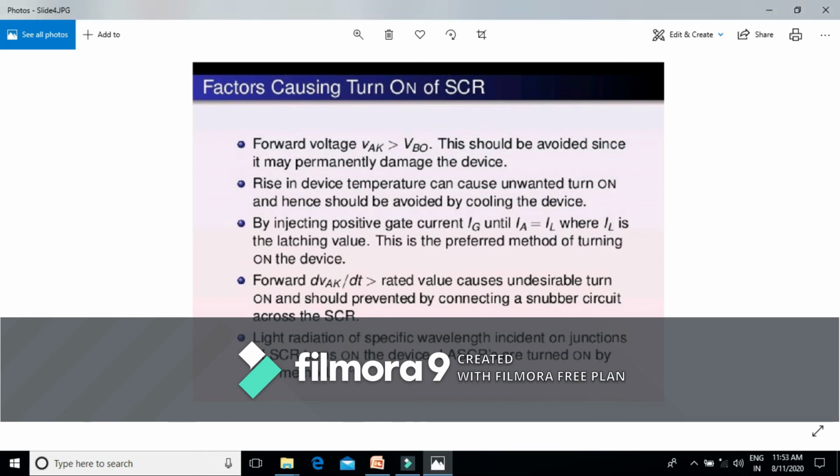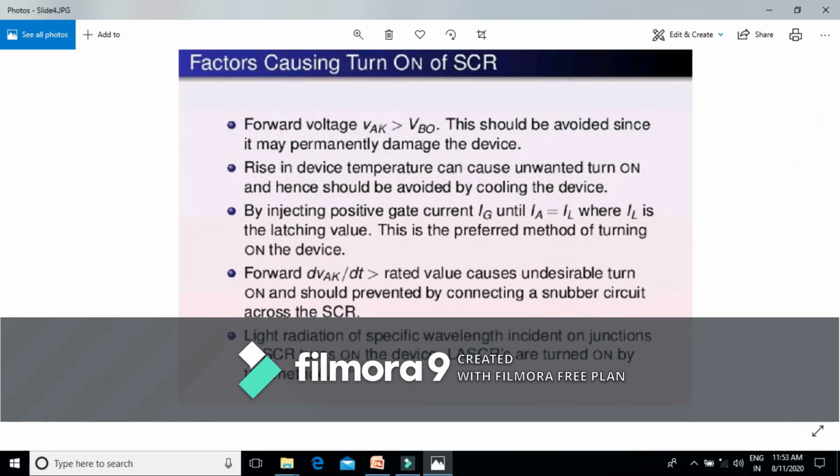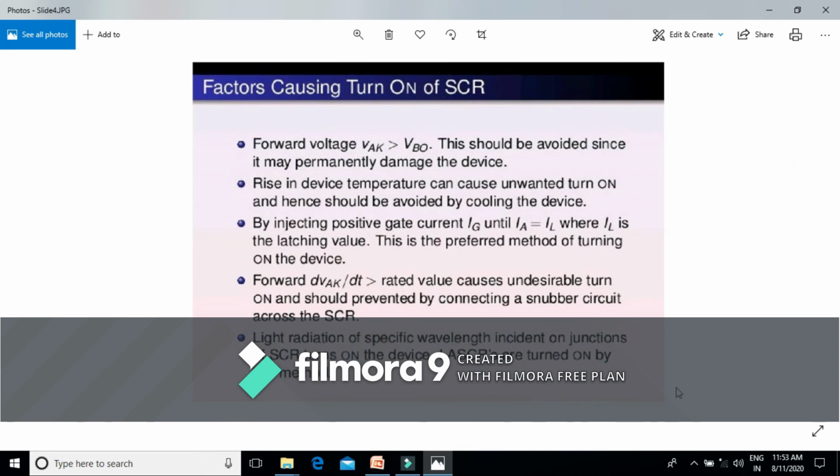Now, the next method of triggering is light triggering. In this light triggering, a beam of light falls on the inner P2 junction, which results in the formation of electron hole pairs. These electron hole pairs result in the formation of a current, and when this current reaches the inner junction P2, it turns on the device.